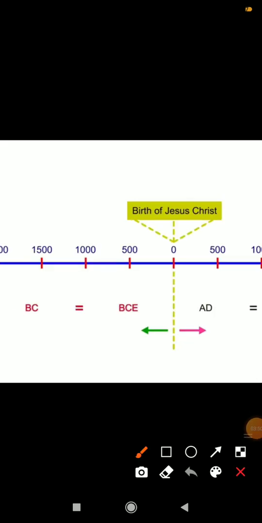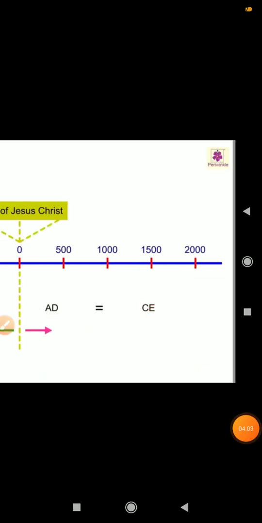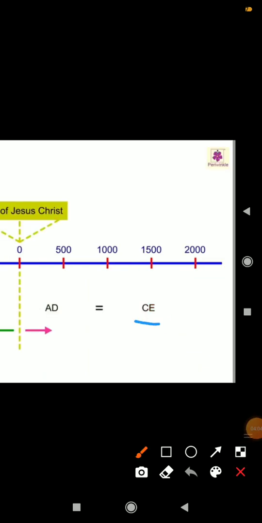The term BCE stands for Before Common Era and BC stands for Before Christ. In the same way, CE stands for Common Era and AD stands for Anno Domini. Anno Domini means in the year of our Lord.